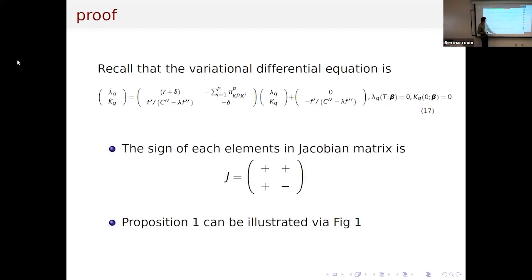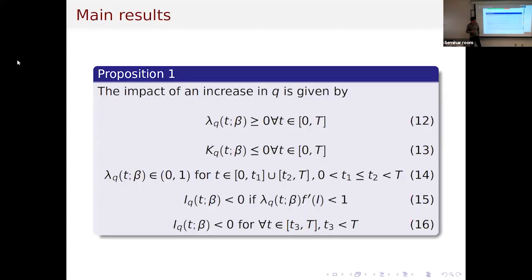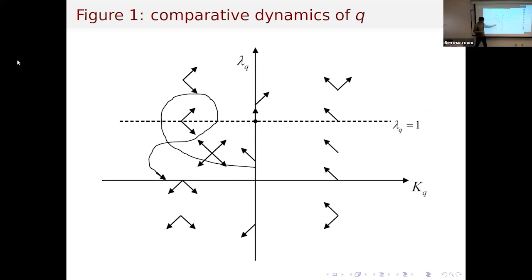And at the end of the game, lambda QT equals 0, which means the game must converge to the KQ axis, right? So by these restrictions, there are some possibilities for what the trajectory can look like. This is one possibility here, right?